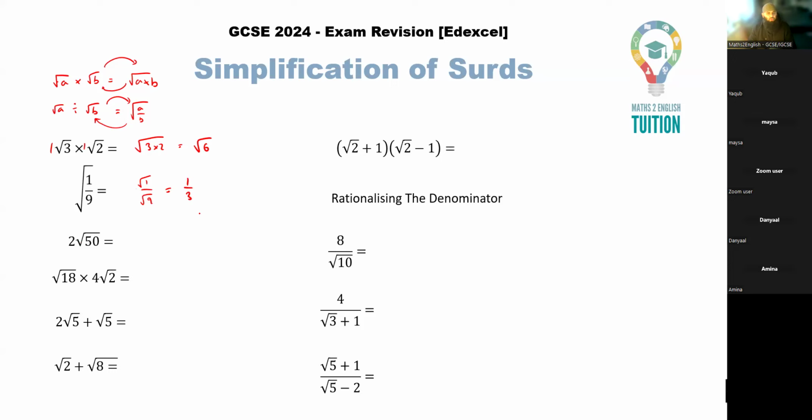Now, this is to do with simplification of surds. When we are simplifying a surd, the objective is to create the biggest integer possible.